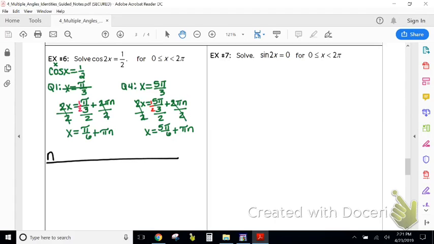Doesn't have to be a very big column. It's just going to be a single number. In the second column, we're going to have our first x. So x will equal pi over 6 plus pi n. And in the third column, we'll have the second x. So x equals, in this case, 5 pi over 6 plus pi n.